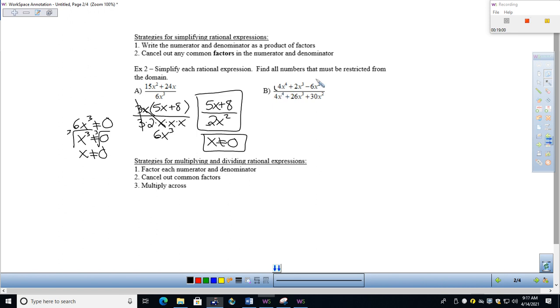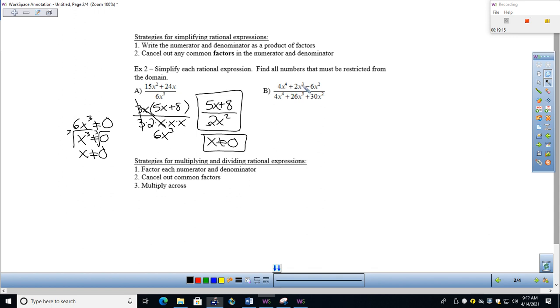They are part of the overall numerator and part of the overall denominator. They are not a factor of each. So you cannot cancel the 4x to the 4th. Okay, so if it's separated by addition, you're not going to be able to cancel it because it's not a common factor.